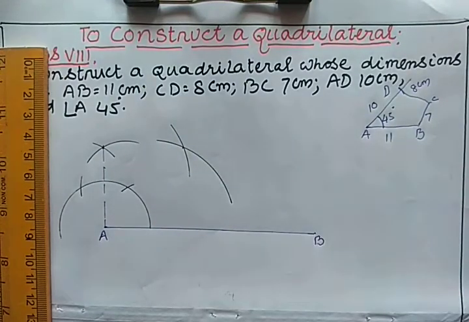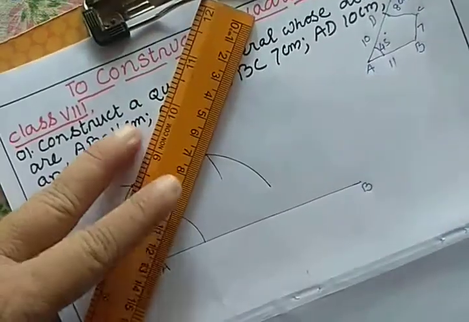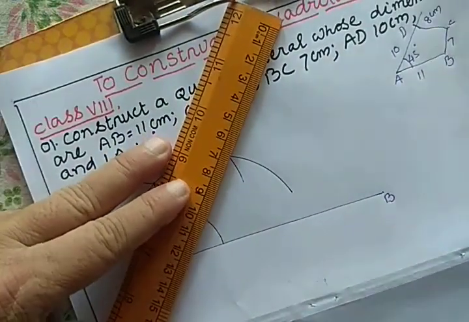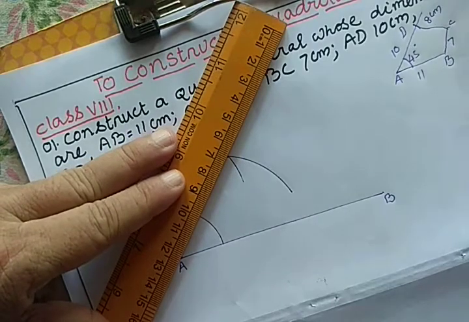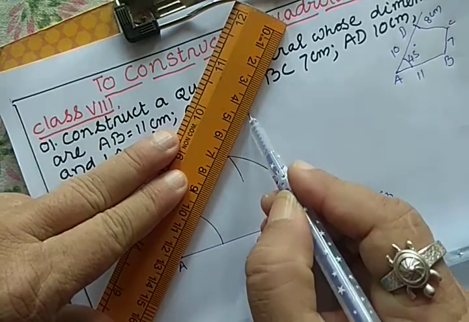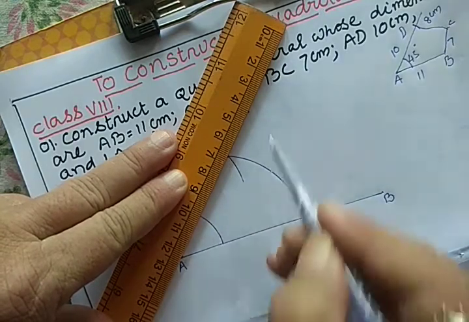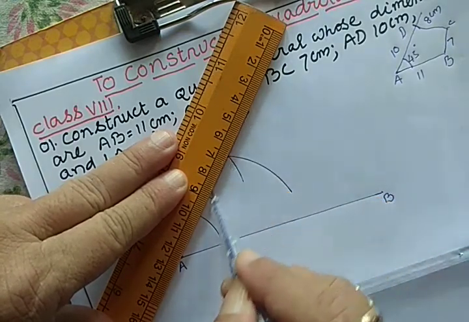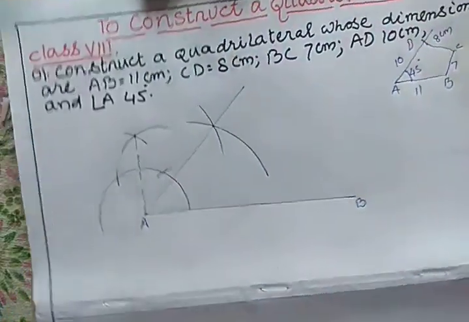Clear? So, if I join that point with A, what do I get? I get 45 degrees. Clear? Now I got 45 degrees.